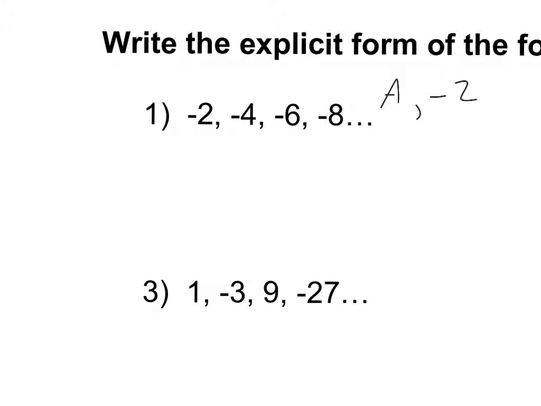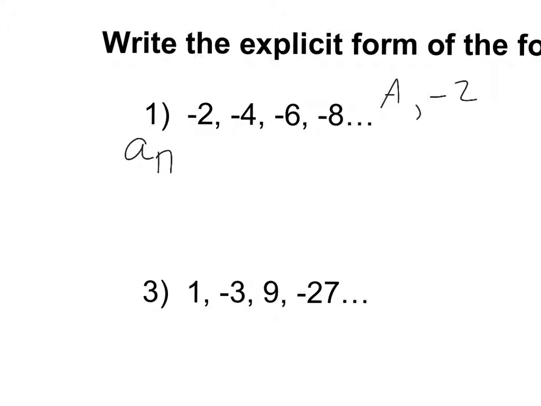So I'm going to jog your memory a little bit, remind you what the explicit formula is for an arithmetic sequence, okay? Remember, it goes like this. First of all, it starts with an A because it's an arithmetic sequence. A sub n equals something. It's the term number I'm looking for.